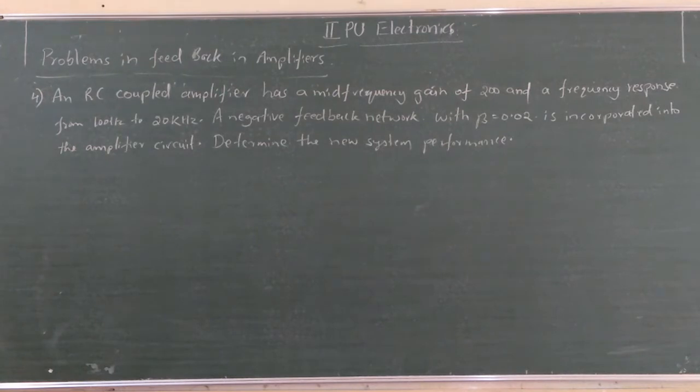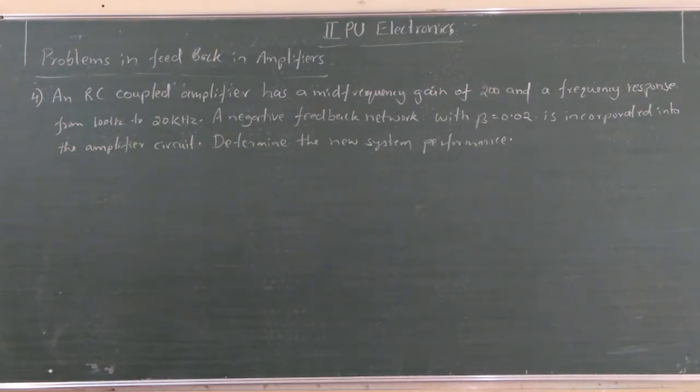First, you look at the problem. An amplifier, say RC coupled amplifier, has a mid frequency gain of 200, and a frequency response from 100 hertz to 20 kilohertz.